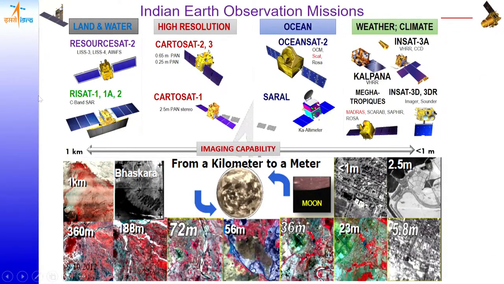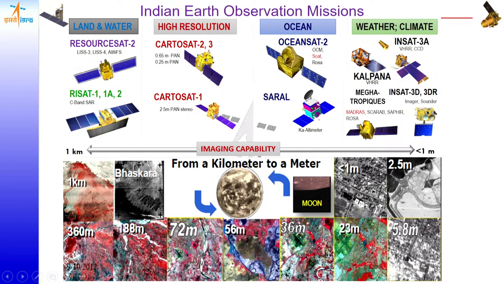And then depending upon the need of the resource survey, for land and water it is Resourcesat, and in the radar domain it is the RISAT series, which is now renamed as the EOS series. EOS 4 is nothing but RISAT 1A satellite.